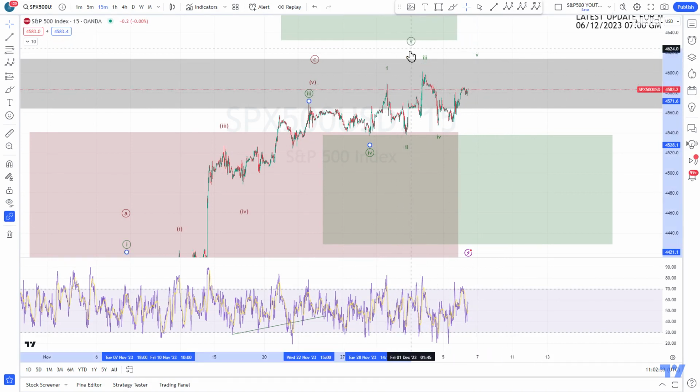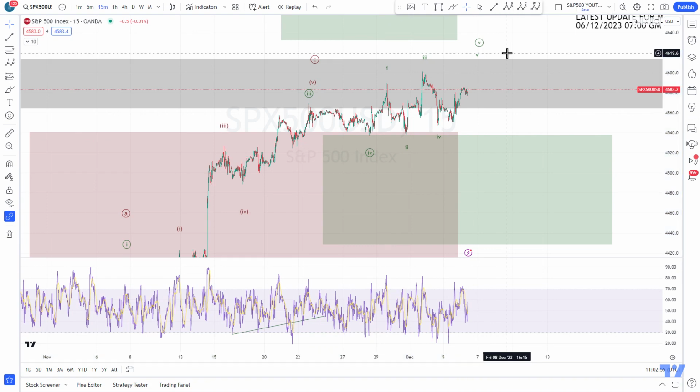So I really cannot exclude a scenario where the high is in right here. That's also a possibility. But my best estimate from this low is that we might do an ending diagonal.